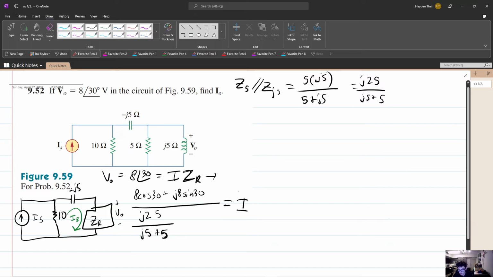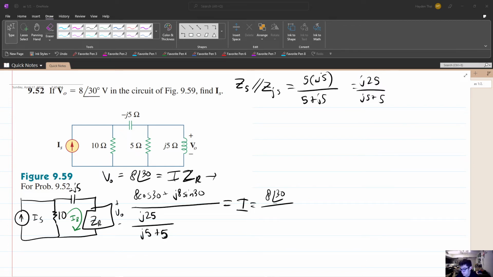Okay, so once you convert this, you're going to get something like X plus JY, right? After you do some calculator stuff, I guess you can keep this in 8 angle 30. 8 angle 30 over 3.5355.